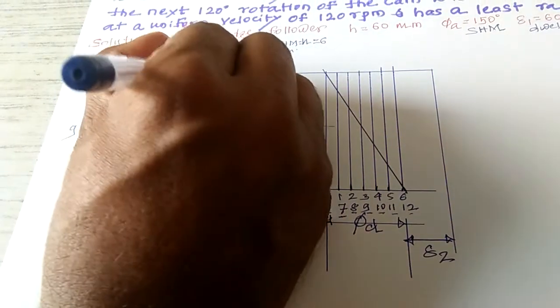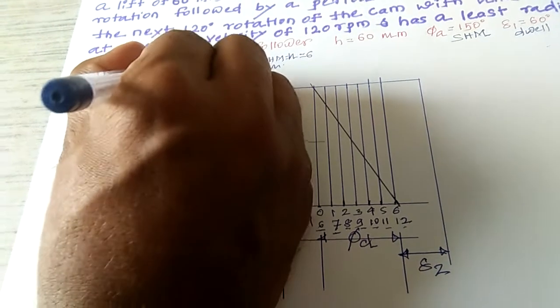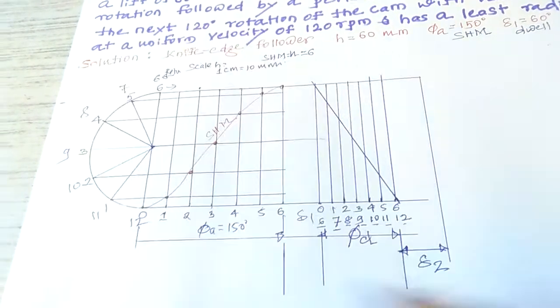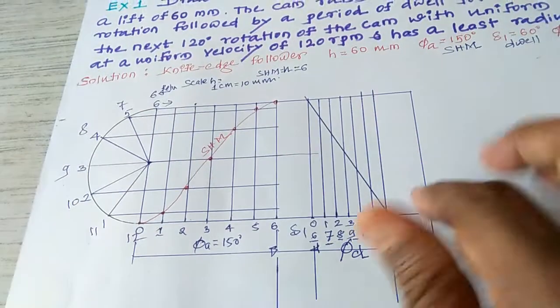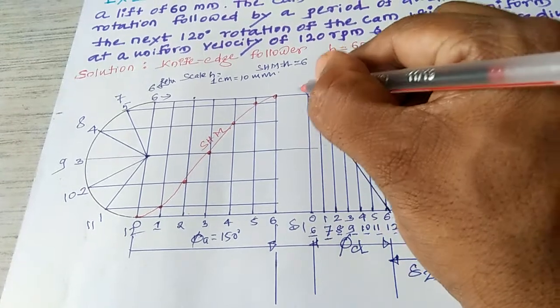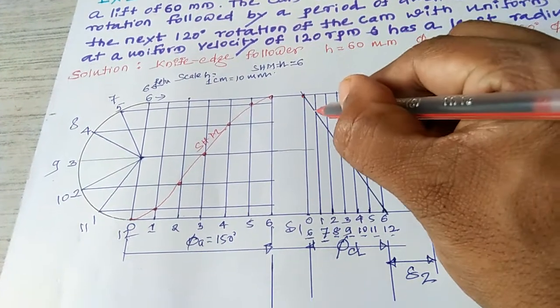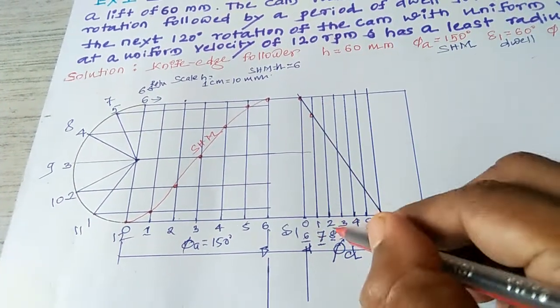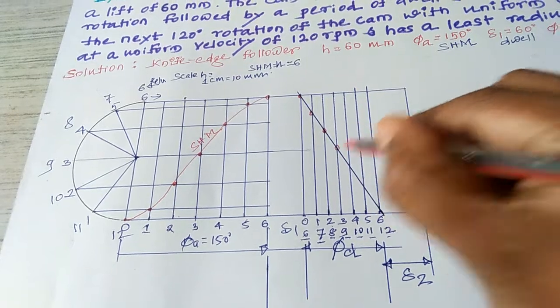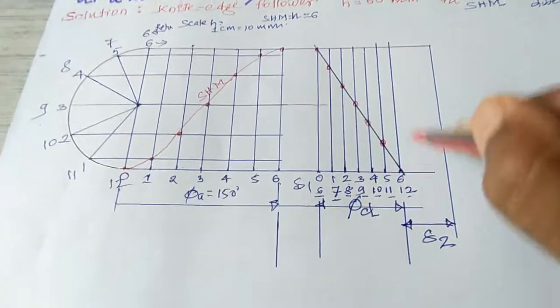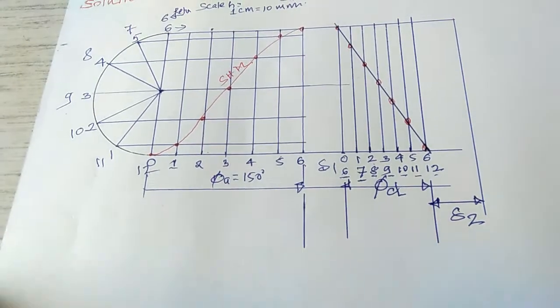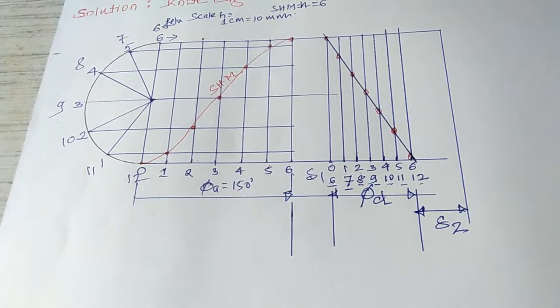This is the rise, and this I have taken as the return. Then where the intersections are made, that is 6, here is 6, 7 is here, 8, 9, 10, 11, 12. This is the displacement diagram.